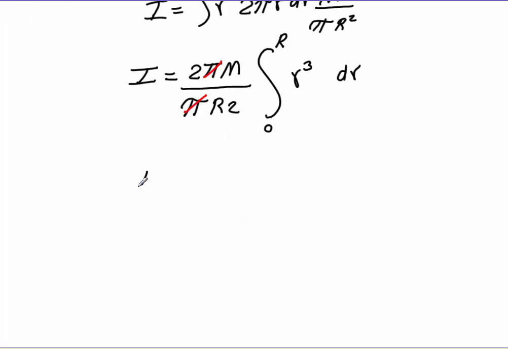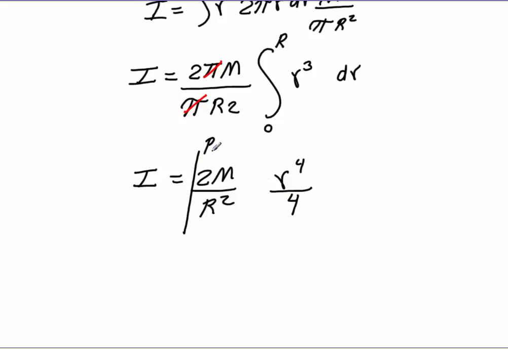So we integrate that, we will get I is equal to 2M over R squared of r to the 4th over 4. And we're going to be putting the values of R and 0. So let's go ahead and simplify this a little bit. We can cancel the 2 out here, and this would become a 2 here.